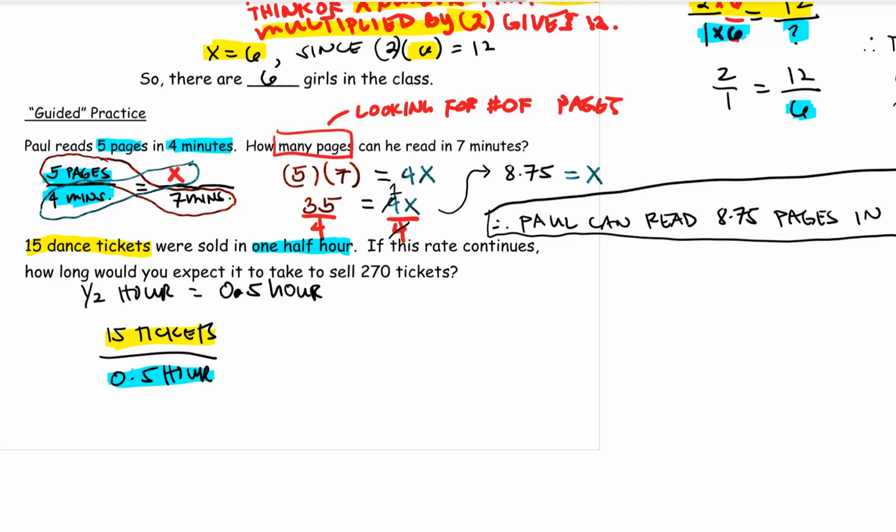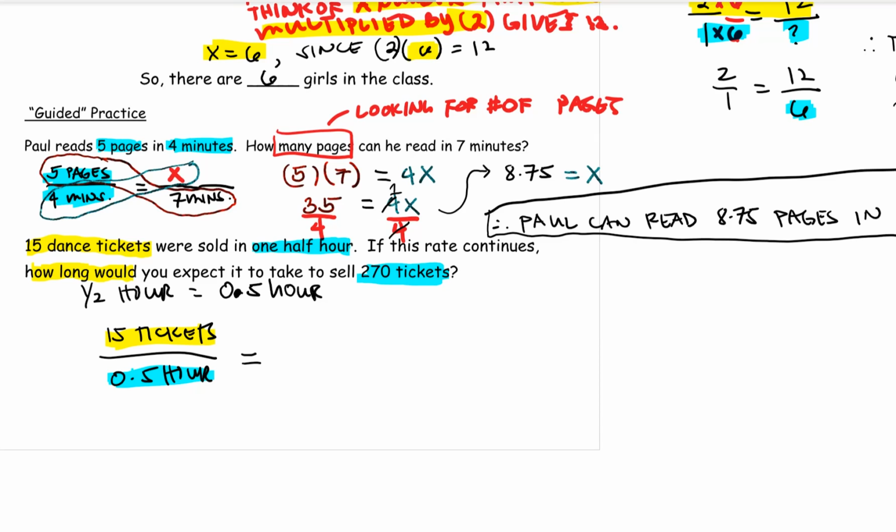If this rate continues, that means I'm talking about the same ratio but with different numbers of tickets and hours. So how long would you expect? How long pertains to time. And then you are selling 270 tickets.